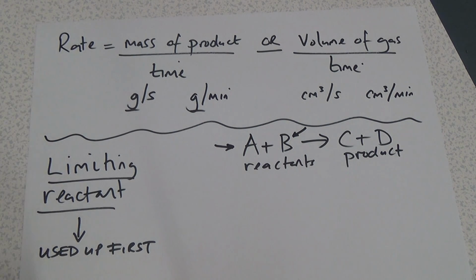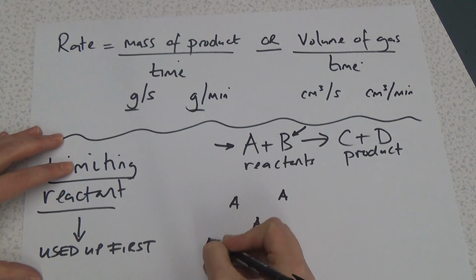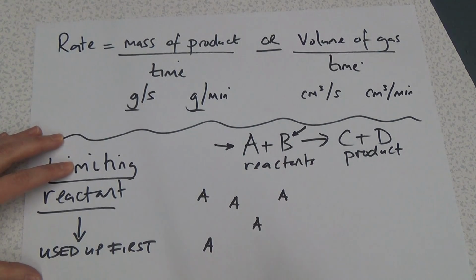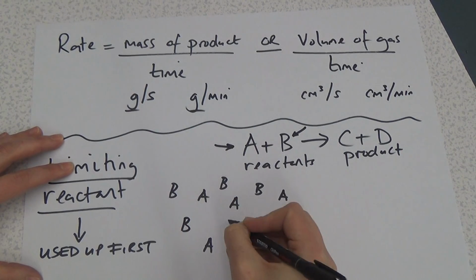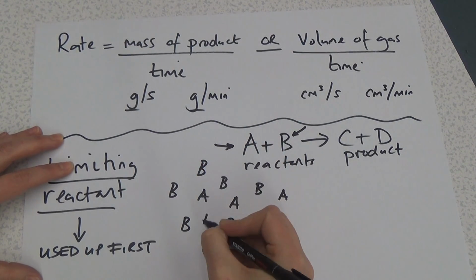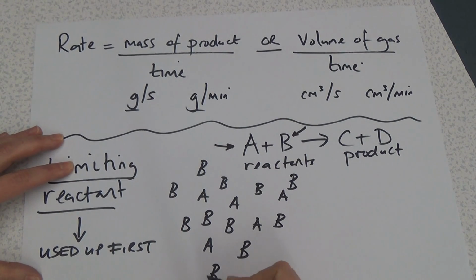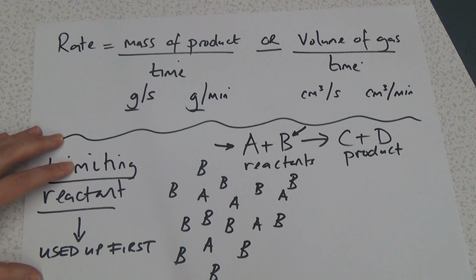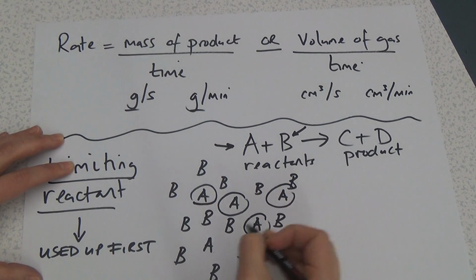So why do limiting reactants have such an effect? Well, let's think about A, lots of particles of A, and lots of particles of B. Now B is in excess, which means there are so many of them, you don't have to worry too much. A, however, there are less of them.